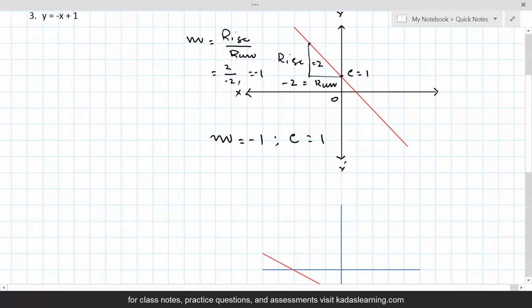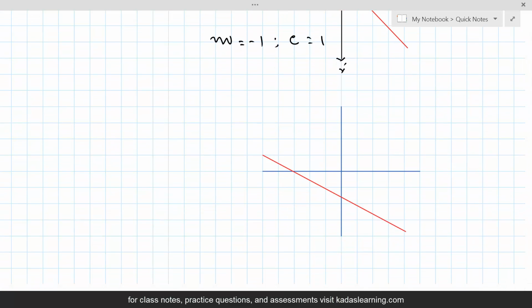Similarly, let's find out slope and y-intercept from graph of this straight line. This is intersecting y-axis. Again, this is y-axis, this is y dash, this is x-axis, this is x dash, and this point is 1.5 below the origin.